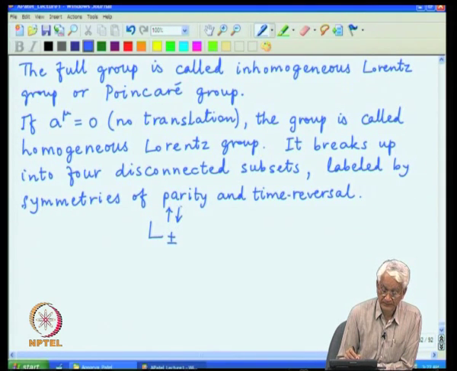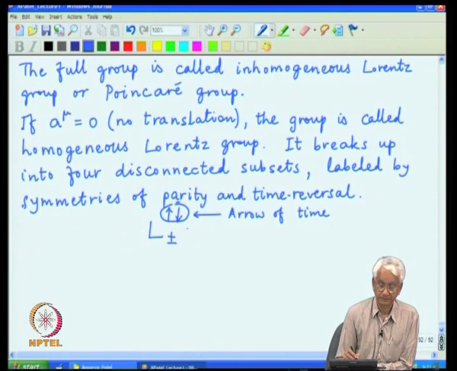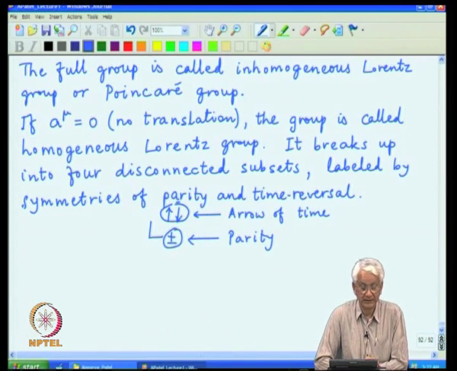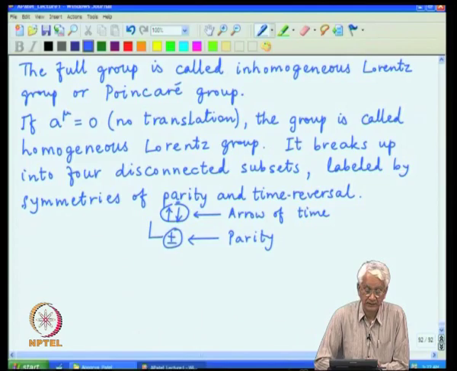So, there is an upper index which gives the arrow of time. It has 2 possibilities, forward or backward, and a lower subscript which denotes the operation of parity, whether parity is included in the transformation or not, and altogether that makes up 4 possibilities.